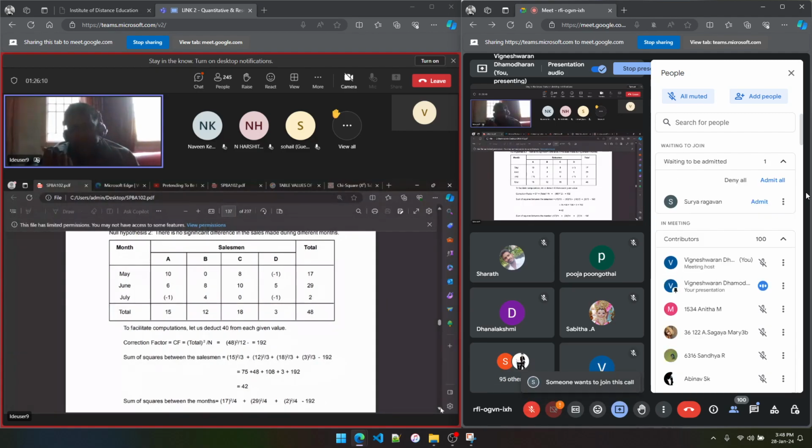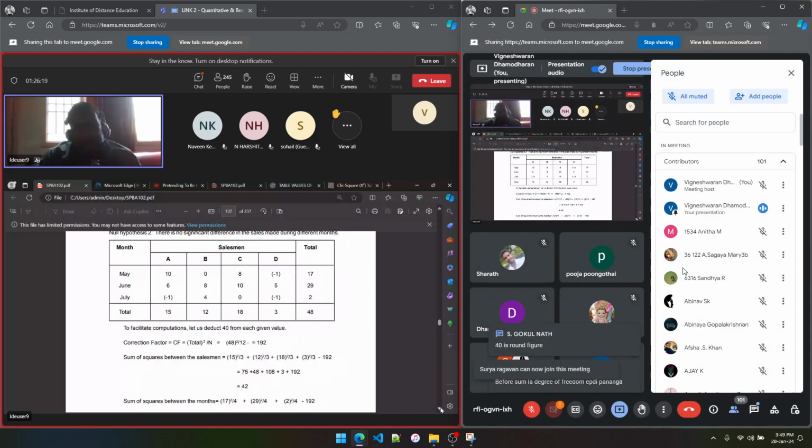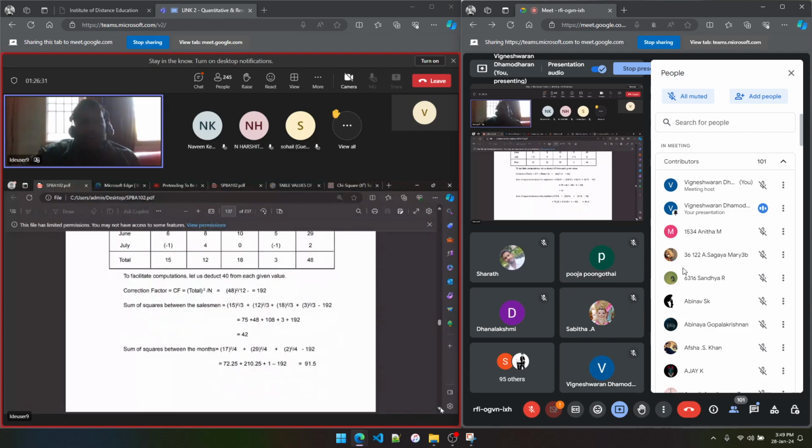Then 12 square divided by 3 plus 18 square divided by 3 plus 3 square divided by 3 minus correction factor. What is that? 192. Therefore, the final differentiated value is 42.